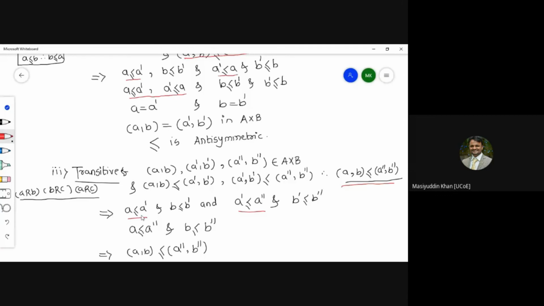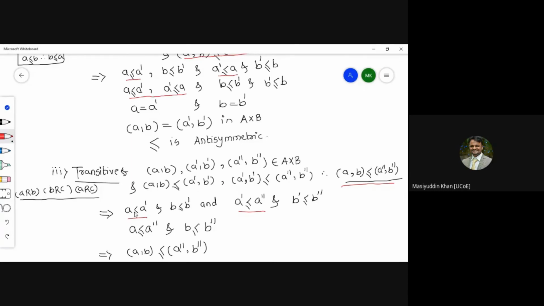So again we start with the given conditions. a ≤ a' in A, and b ≤ b' in B. Similarly here, for a' and a'', if this condition is possible then the other condition is also possible. Therefore we write a' ≤ a'' and b' ≤ b''. And in mathematics, if 1 is less than 2 and 2 is less than 3, we can write 1 is less than 3.